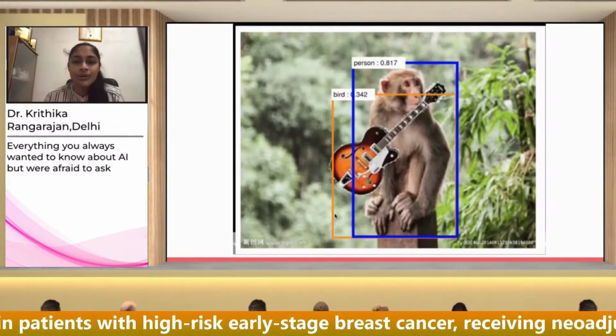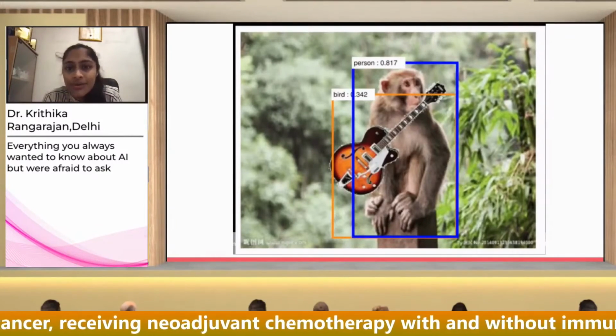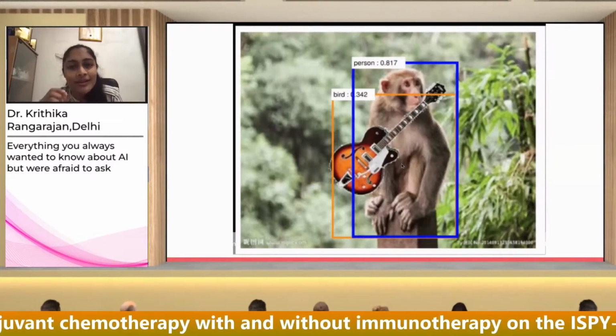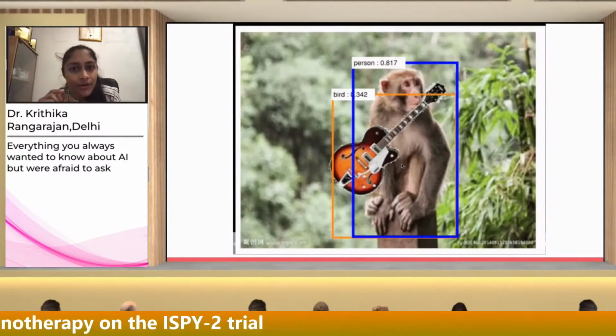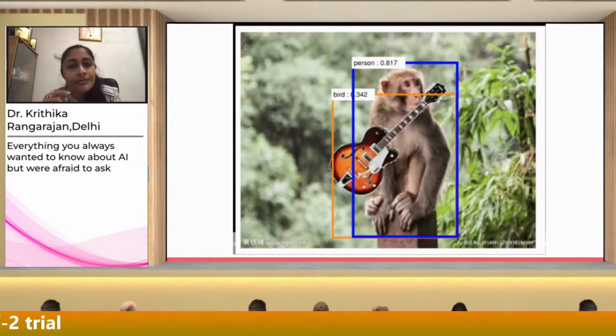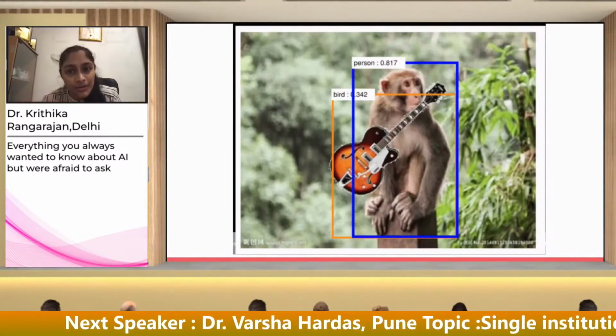But the minute you put in a guitar on top of this image, the algorithm very confidently predicts this to be a human being. The reason for that being that every time in the training data, the algorithm saw a guitar, there was always a human being holding it. So this kind of represents the kind of biases that can be introduced into the system.